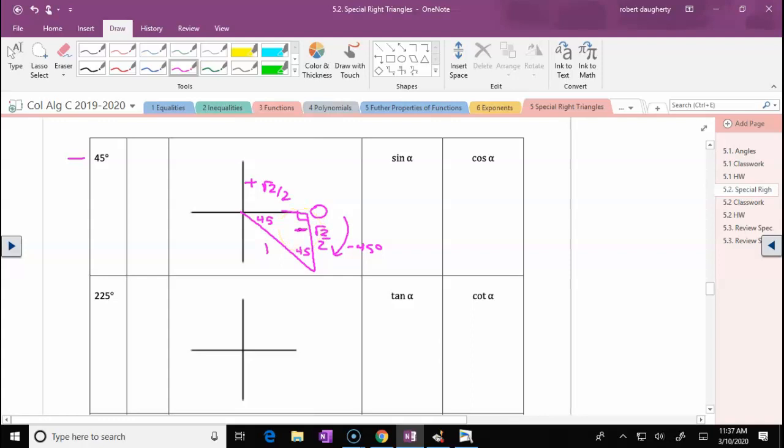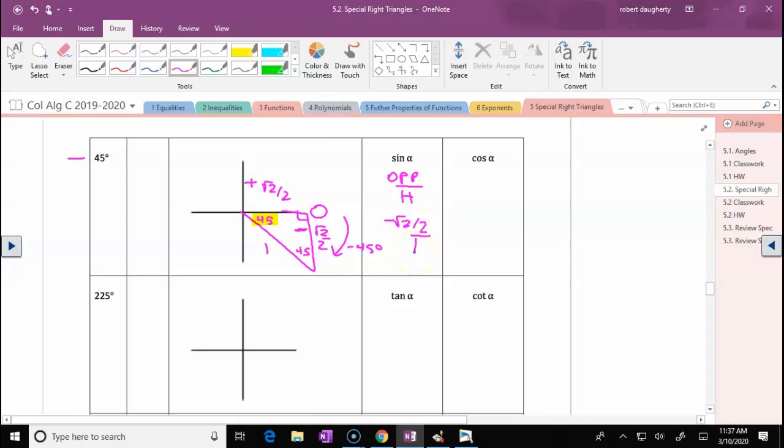What is the definition of sine? So here's my angle. The opposite side is negative root 2 over 2. Opposite over hypotenuse is negative root 2 over 2 divided by 1.